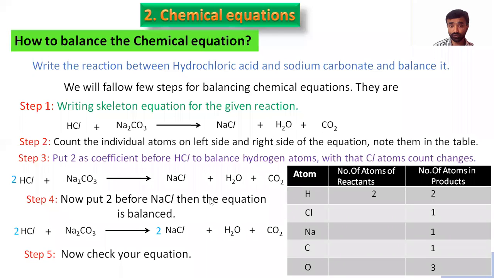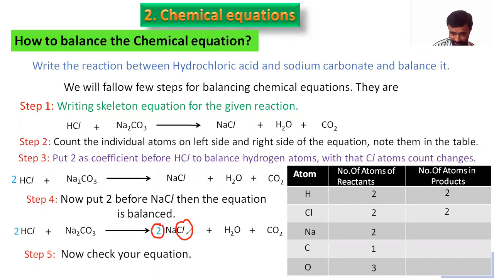Chlorine, 2. Sodium, 2 on the left side. Carbon, 1. Oxygen, 3 on the left side. Then the RHS: hydrogen, 2. Chlorine, 2, because the coefficient is there. That coefficient is here and the chlorine atom is here.